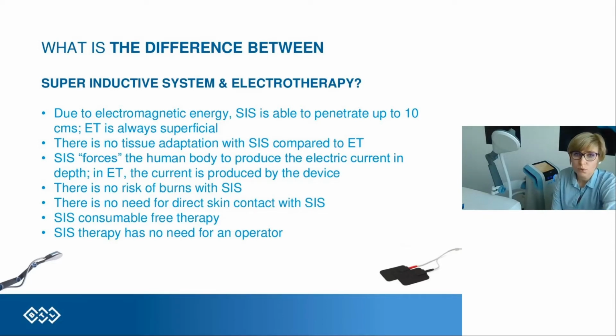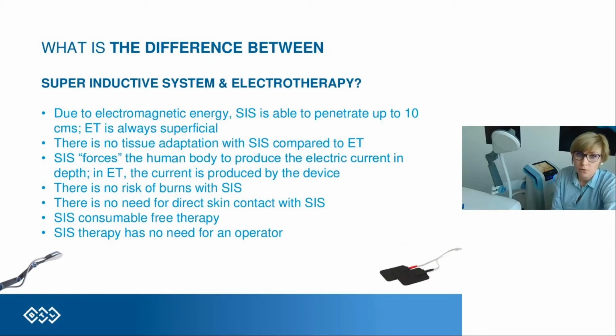What else with the superinductive system in comparison to electrotherapy? We can use this device in full contact with the skin, but we don't have to use this full contact. We can have a small gap between skin and the applicator.